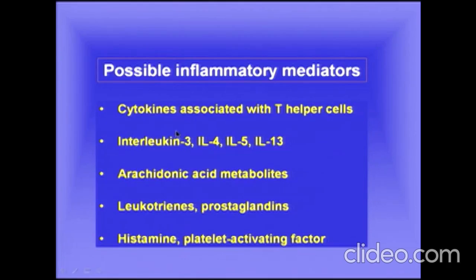There are the arachidonic acid metabolites, including leukotrienes and prostaglandins. Histamine has always been thought to be an important factor in asthma, and that's one reason why the mast cell was implicated so much early on, and also platelet activating factor. So there's a great variety of inflammatory mediators, and these are being studied all the time and being added to.